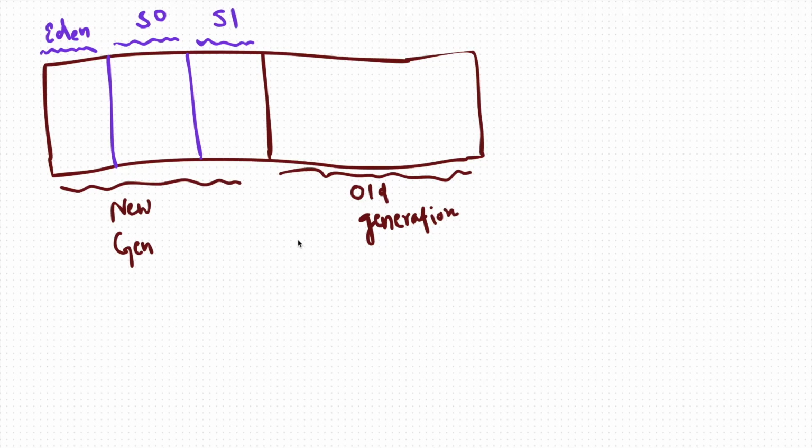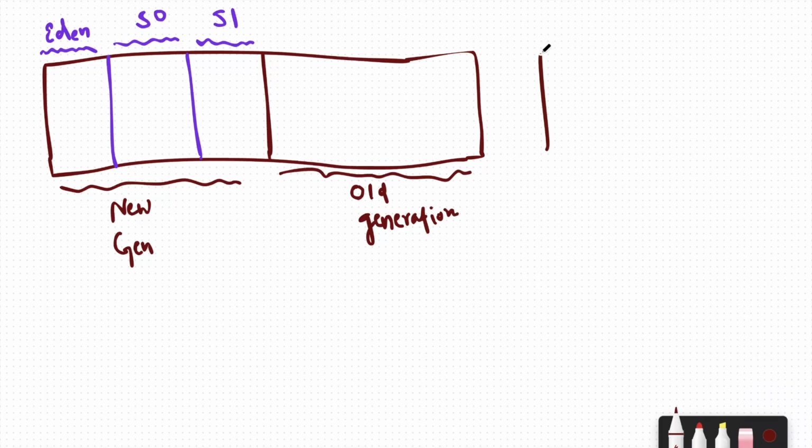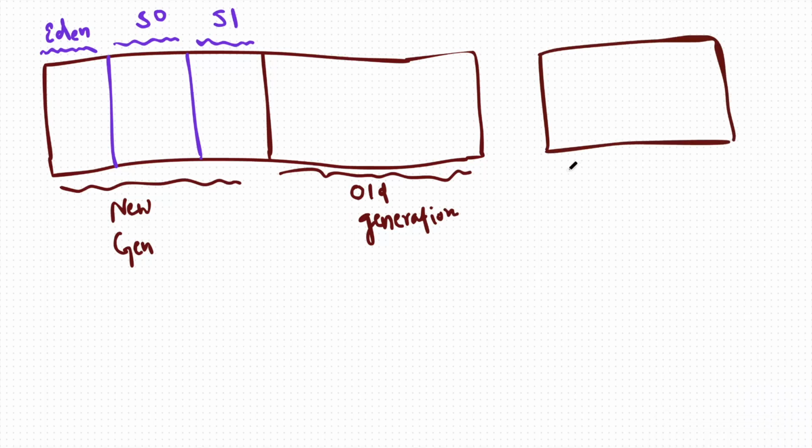So this is my entire heap memory, and the heap memory also contains one more part, which is a separate part called the metadata, the metaspace. So this is the entire heap memory.